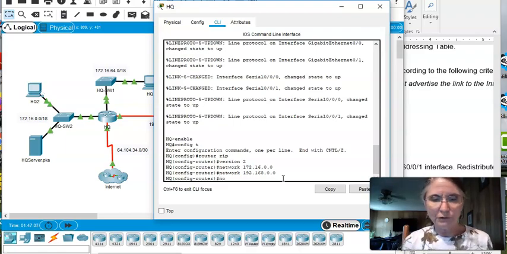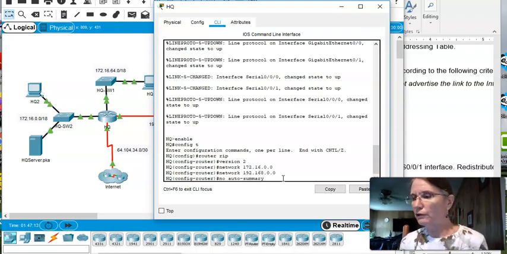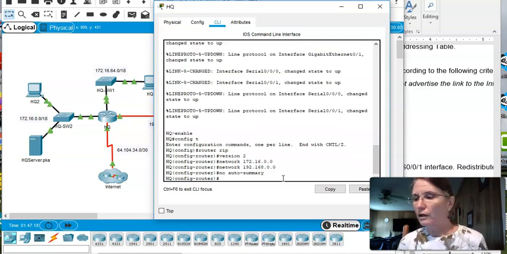We want to tell RIP not to use auto summarization. And then we also want to specify the passive interfaces.